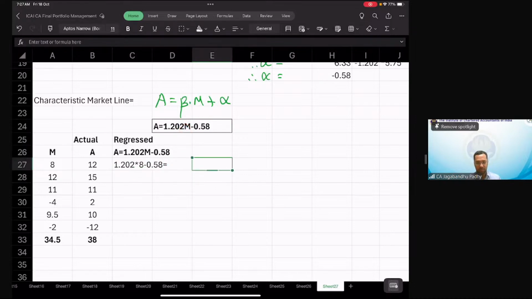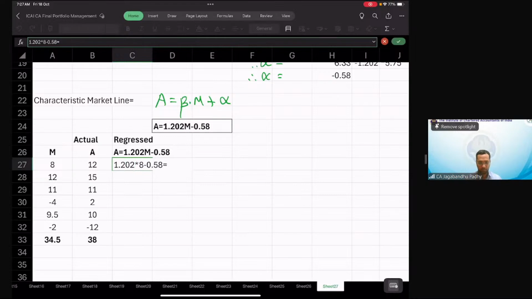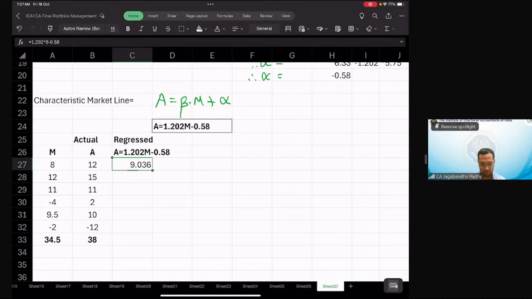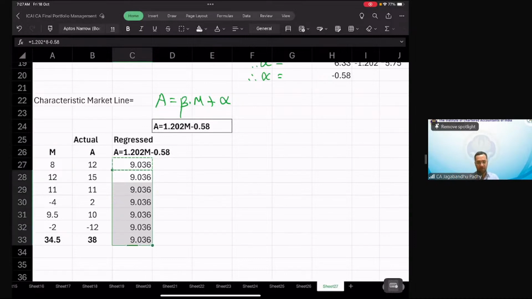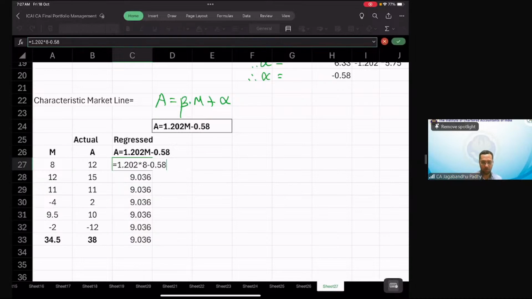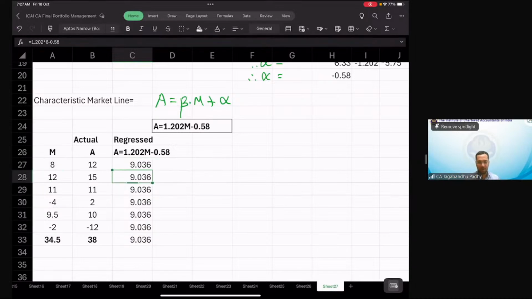So how much would this be equal to regressed A? It will be 9.036. Okay, so regressed A is 9.036. Same way, I can get the regressed values of A for all the respective market returns.